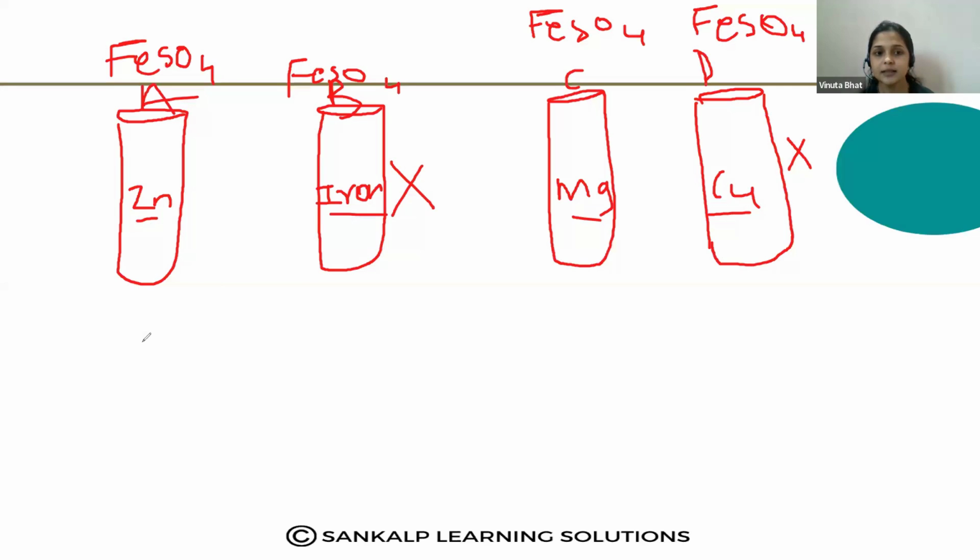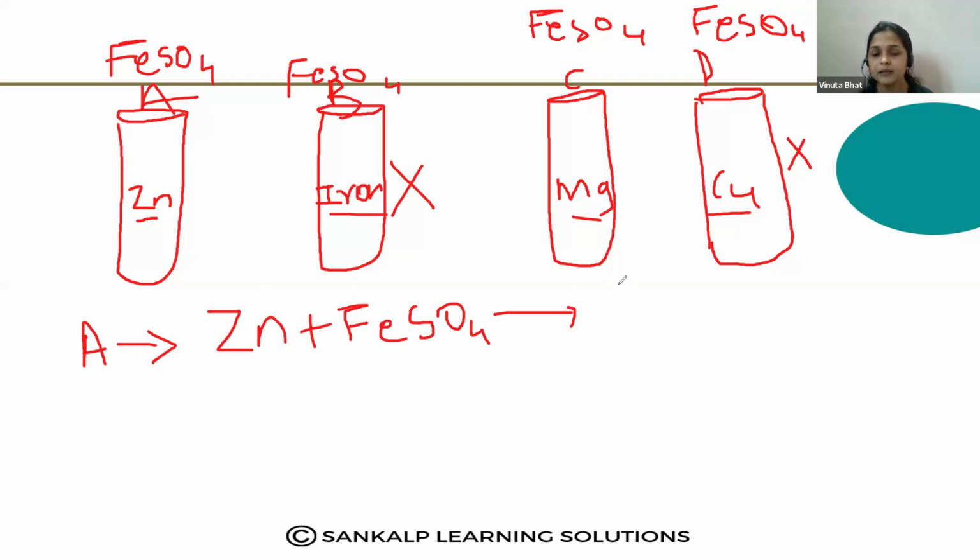So let us see. I will write this. In the A test tube, the reaction is zinc plus FeSO4, that gives us zinc sulfate plus Fe.